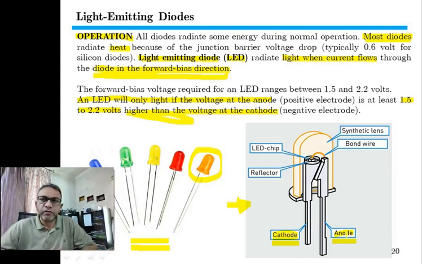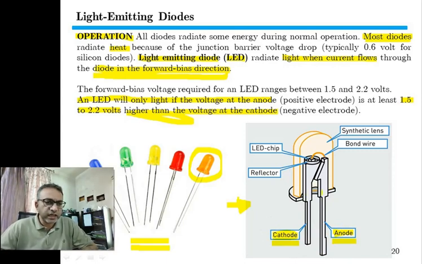Otherwise, we would have to use a multimeter to identify which is the anode and which is the cathode. So for fast operation, the longer length represents the anode, and we should always connect the anode to the positive side of the battery. Right, this was the identification of the terminals.